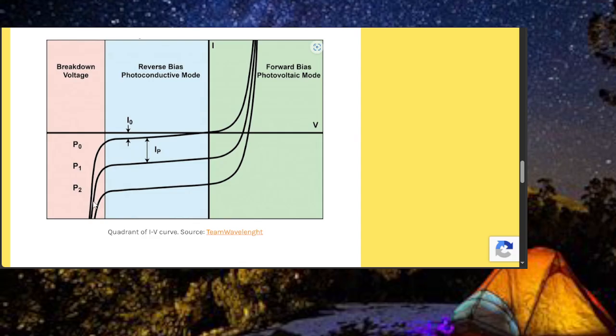So the idea of what I'm working on is using a diode, an LED, in the reverse bias mode, which is this blue section. Now, they're saying that if you operate it very carefully in the pink section, you can detect single photons coming through. That's all good, but we're not in the business of collecting single photons, although that would be a thing to study.